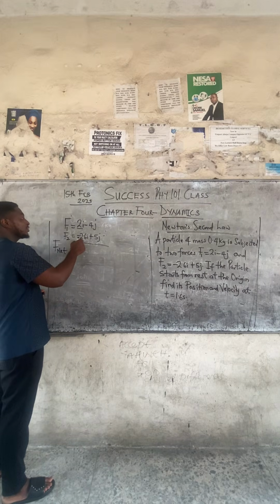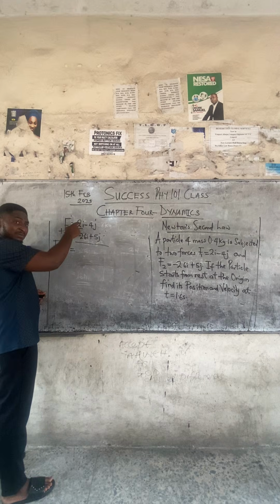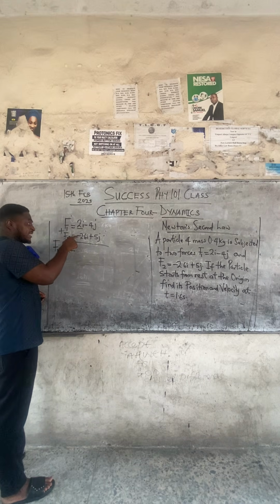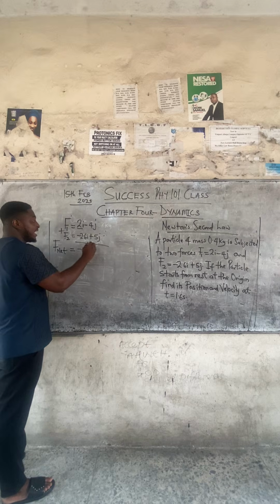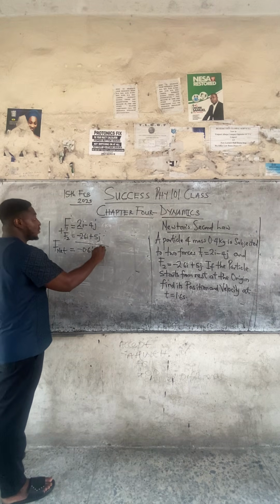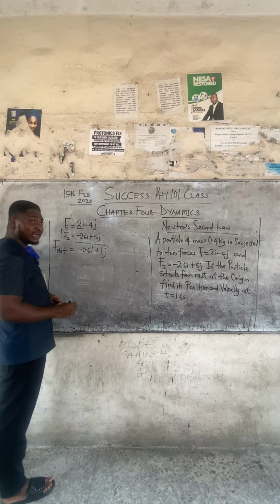So 2i minus 2.6i. We're adding them up, but because of this minus, it's making us subtract, you understand? Plus times minus gives us minus. When there's a minus, even if you're adding, the minus supersedes the plus. So 2 minus 2.6 is minus 0.6i. Now, minus 4 plus 5 is plus 1j. You can use your calculator.